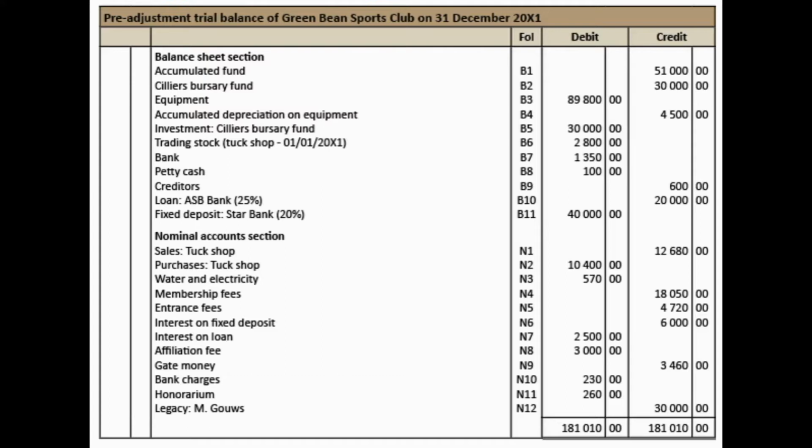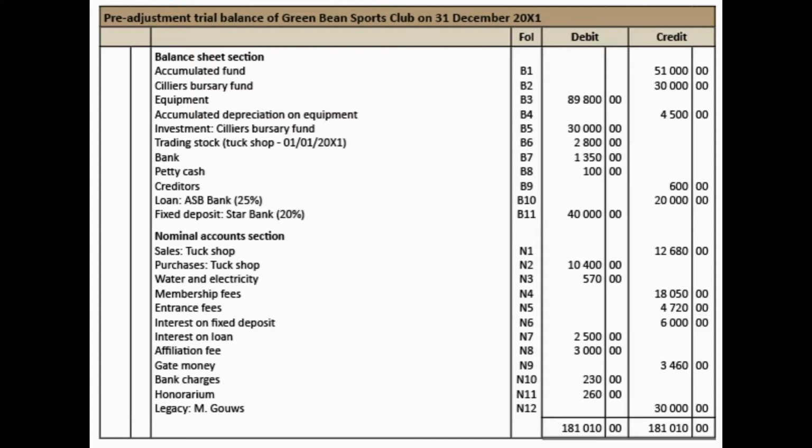What was the balance of the membership fees outstanding? 220 was outstanding at the beginning of this year. They say we have recovered 100 of that 220. So the difference between those two amounts is 120, and that is the amount that must be written off. Okay, so on the credit side of the membership fees account, you will have the fees written off, 120.